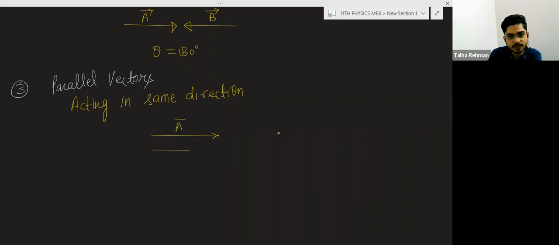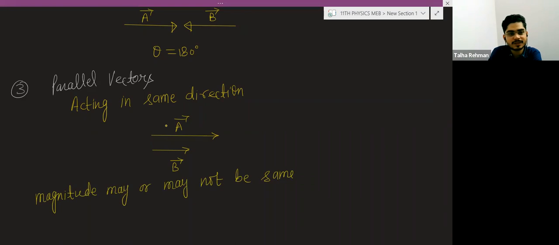This is A vector suppose, and suppose this is B vector. So parallel vectors are like this. There is a condition only acting in the same direction, but it is not necessary that the magnitude or the length of the arrow of both the vectors are same. Can be same, but not necessarily. Okay, so magnitude you can write may or may not be same.